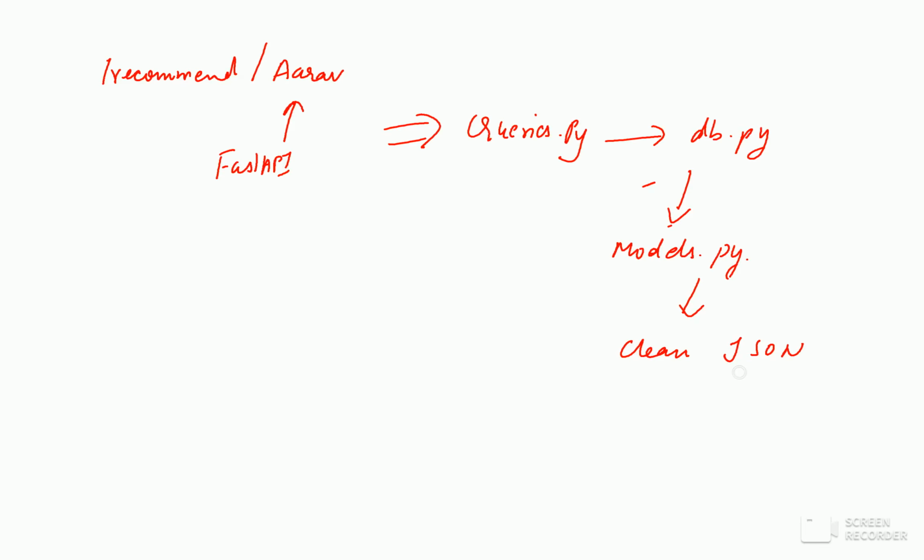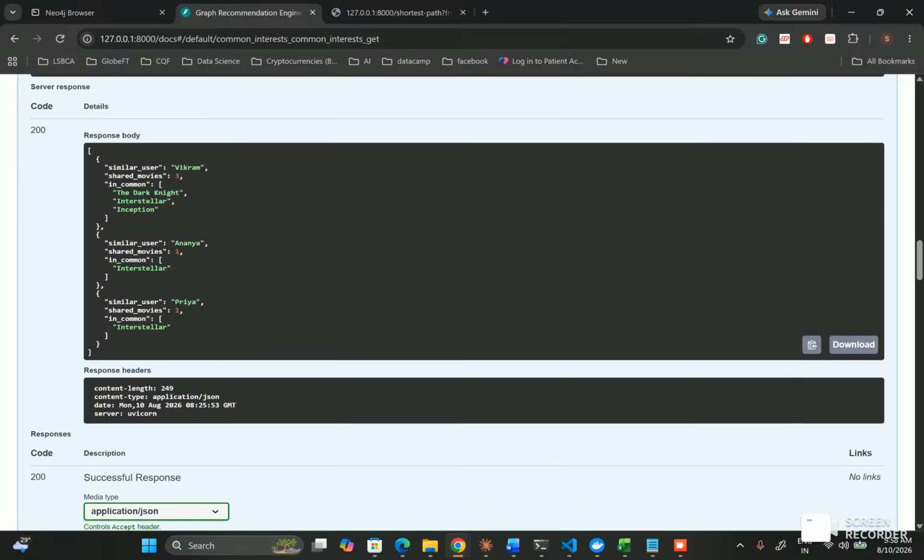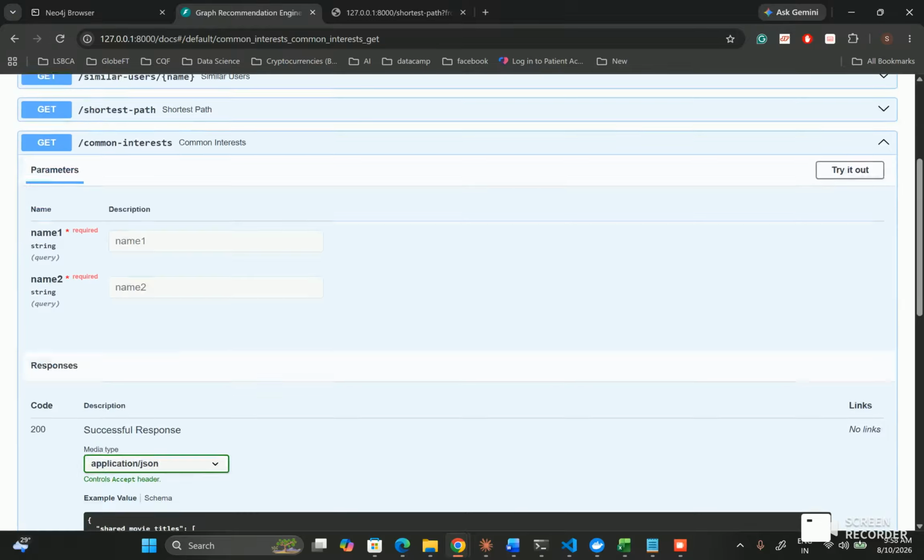Now this exact function answers every API call, and this is genuinely the whole app already running, already answering real requests. And the glimpse of it is this, the FastAPI app.